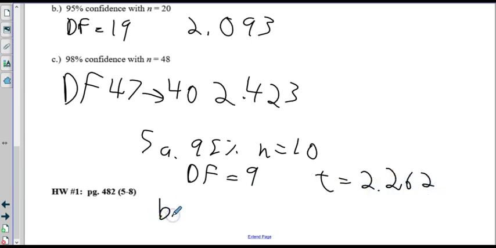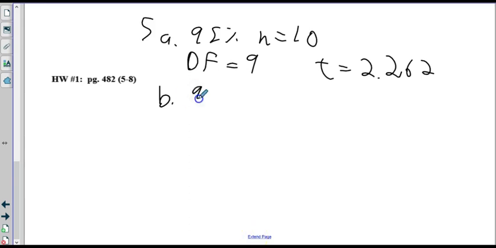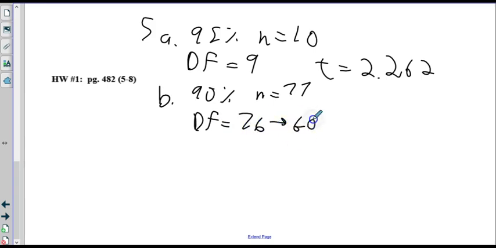For 5B, it's going to be 90% and n of 77. So what's the degrees of freedom there? 76. What number are we going to slide back to? 60. And that's going to yield what for T? 1.671.